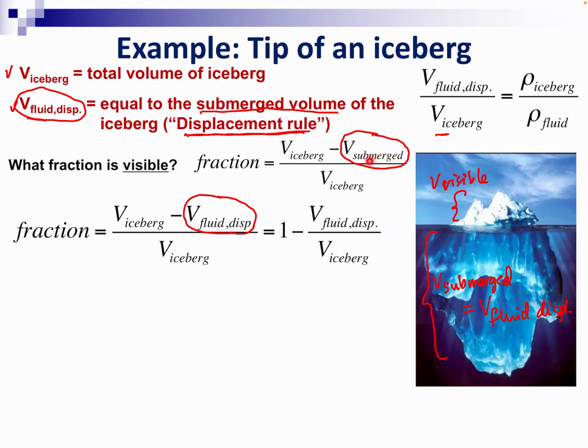So just changing the volume of the submerged iceberg will be the same as the volume of the fluid displaced by that submerged bit. And if we simplify this mathematically, we can distribute the denominator to each term in the numerator. V iceberg over V iceberg gives us 1, and V fluid displaced divided by V iceberg gives us this.